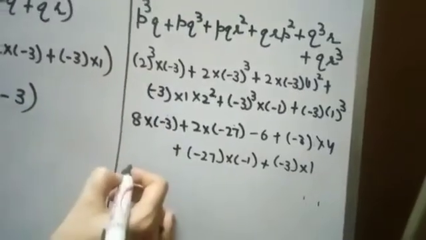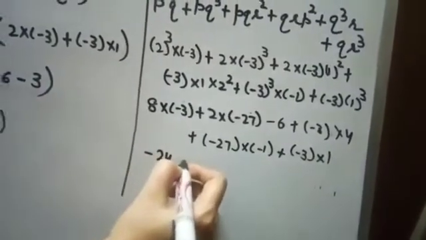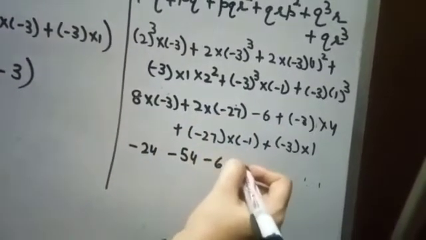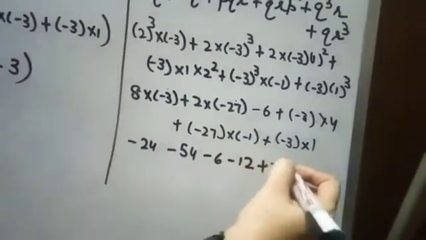Now get it multiplied. 8 into minus 3, minus 24, minus 54, minus 6, minus 12, plus 27 and minus 3.